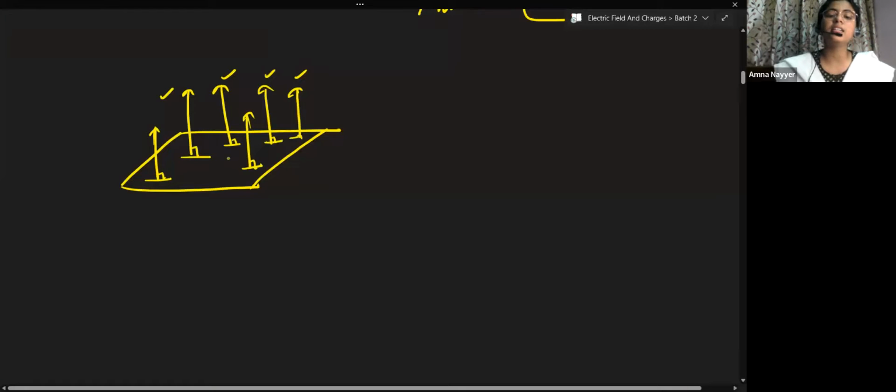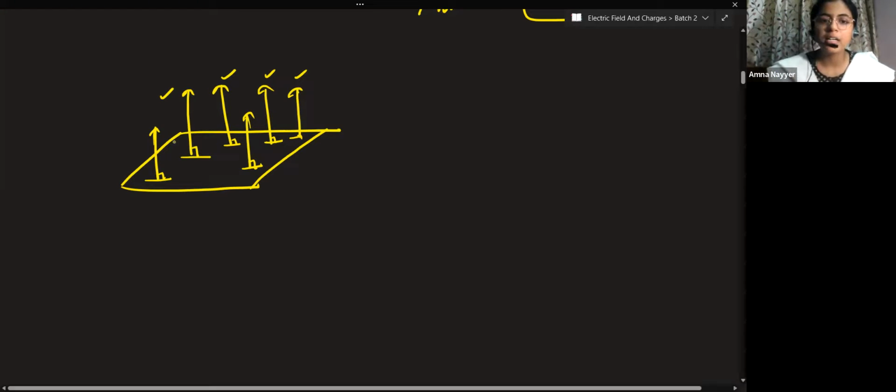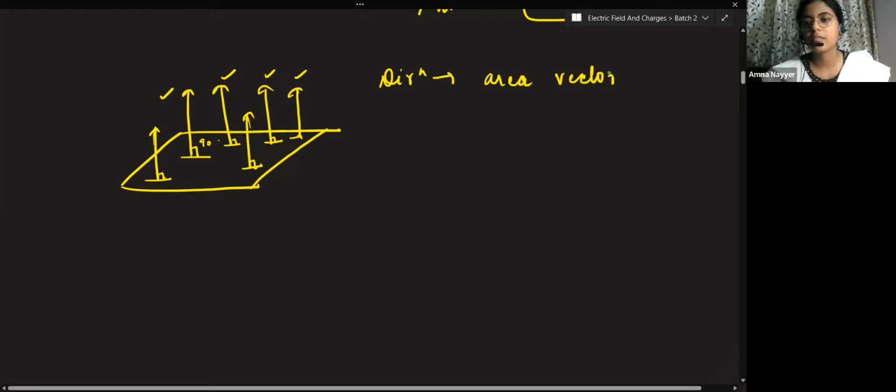So area vector does not need to be on the center of the plane surface. It can be anywhere. The condition is that area vector has to be perpendicular. So you can take it at the edge, you can take it anywhere. It's just that it should be perpendicular. You are just concerned with this 90 degree. So this is the direction of the area vector, perpendicular for a plane surface.